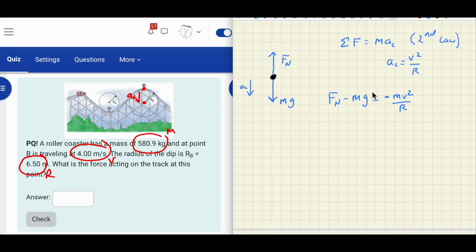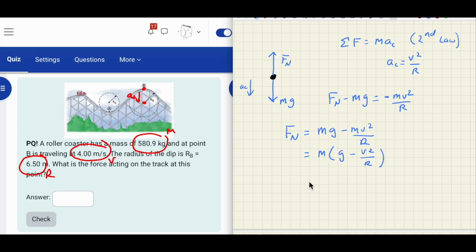And now I can solve for the normal force. The normal force is going to be equal to mg minus mv squared over r. I can clean this up a little bit by factoring out the m. That means the normal force will be equal to the mass times gravity minus v squared over r.